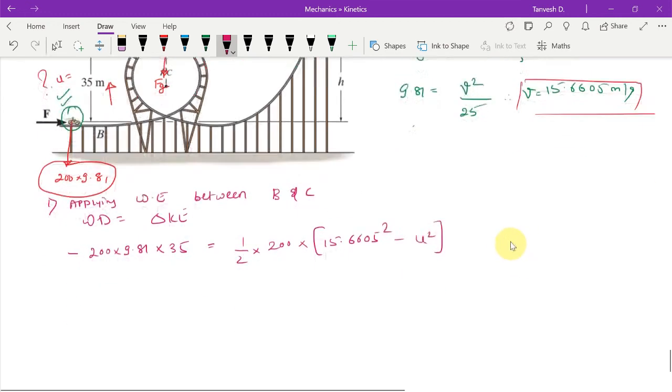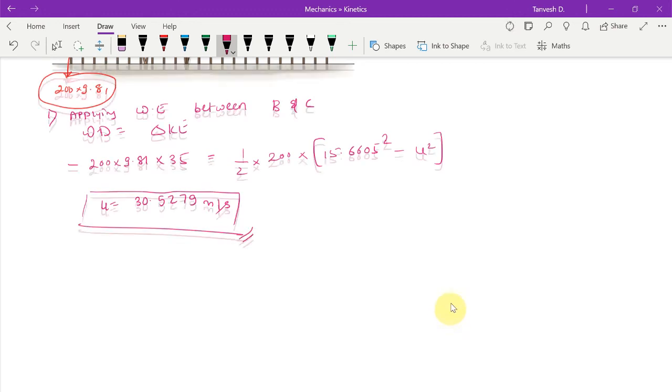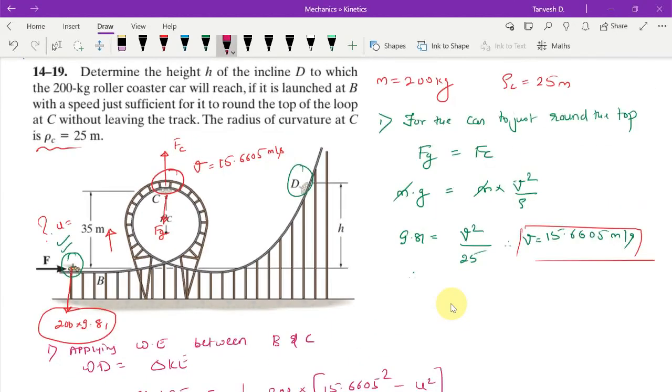So from this we can get the initial velocity. U will come out to be equal to 30.5279 meters per second. So this is the velocity by which the car has to be launched, this roller coaster has to be launched. Okay, fine, we got this.